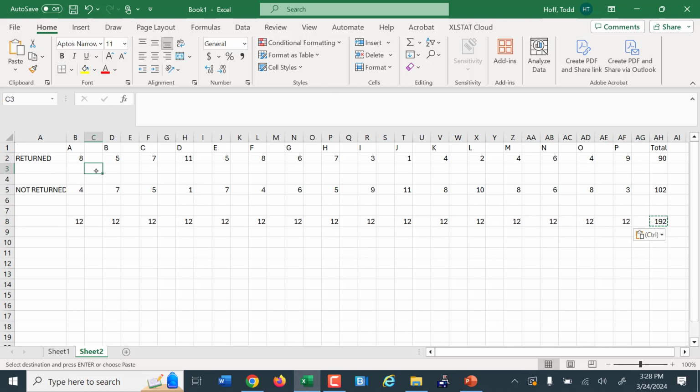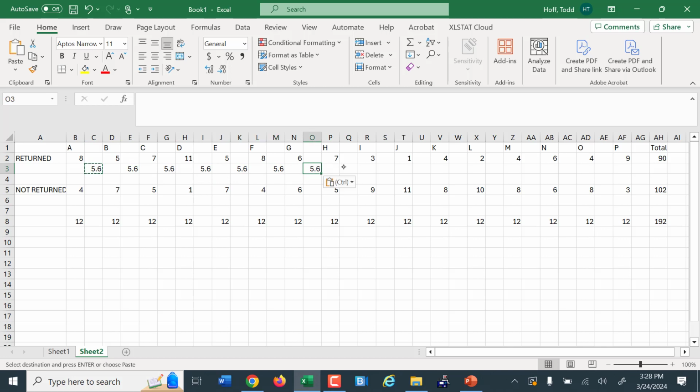So let's find the expected value. Let's put in here equals 90. I want to put the $ in front of the letter here so that doesn't scroll. Times this, and divided by 192. And I'm going to copy that all the way down the row.